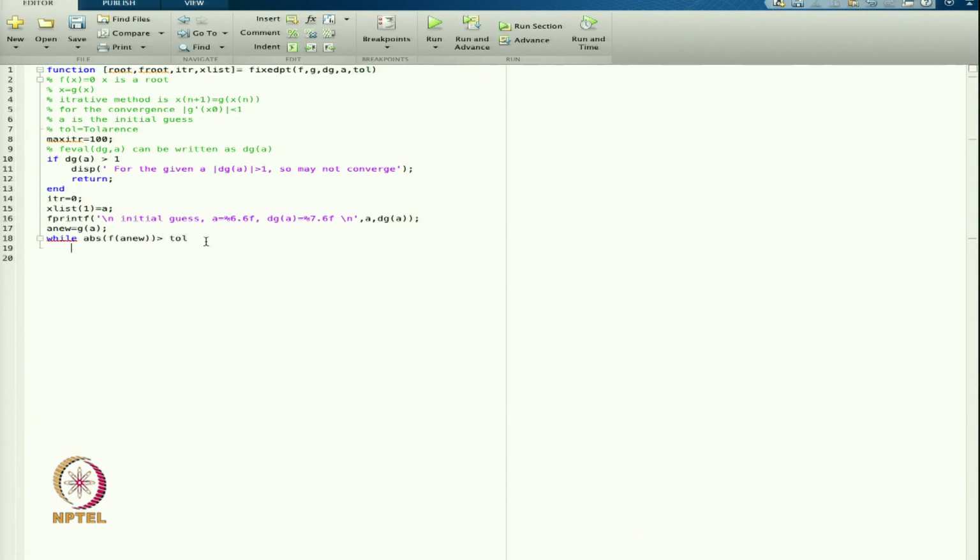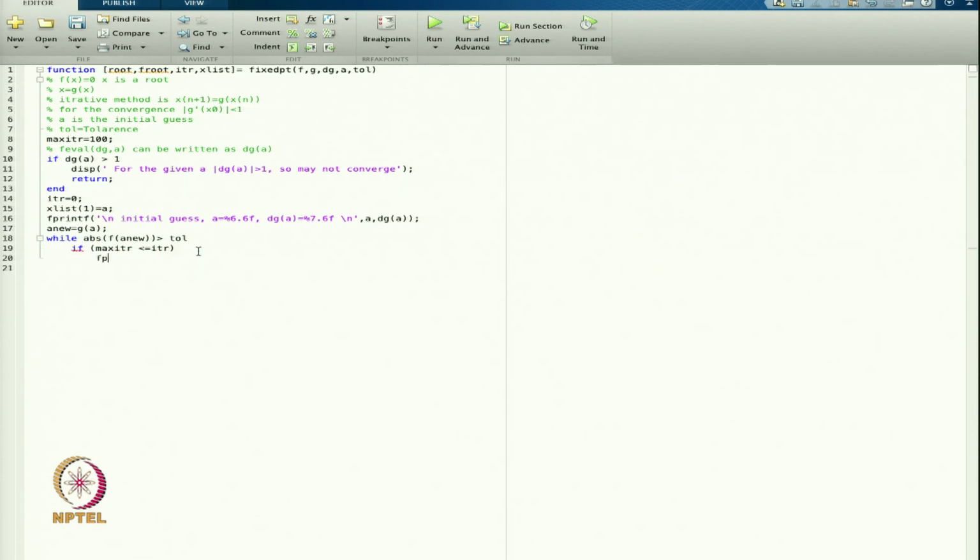Then I should go inside the loop, and in this case I will type that if my ITR, the number of iterations, is greater than or equal to max ITR, the maximum number of iterations. So, it may happen that my iteration keeps going. So, if I say that my iteration is greater than or equal to max ITR, then I should say okay, stop here.